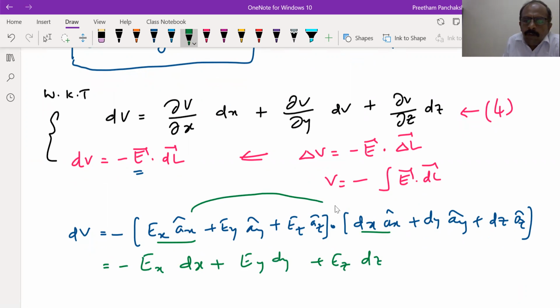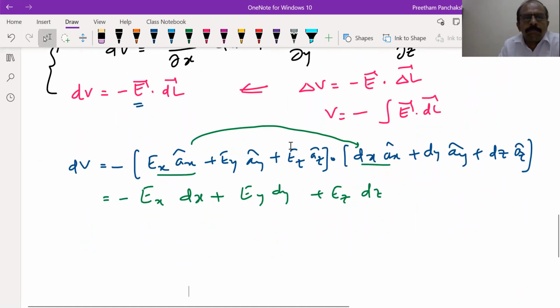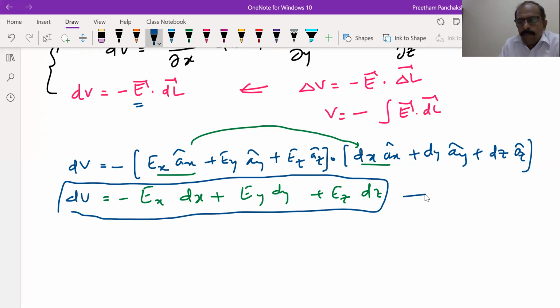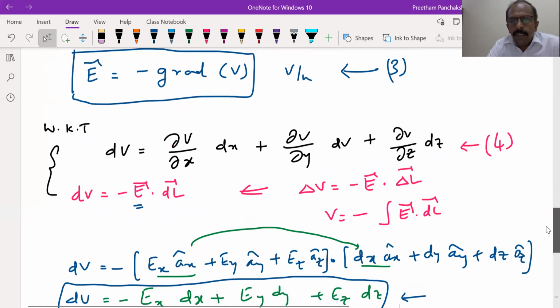So ax dot ax is 1, ax dot ay is 0, ax dot az is 0. So corresponding components should be multiplied. All other components will be 0. So we have this relation, and we can designate this as a continuation of the previous relation, equation number 5.